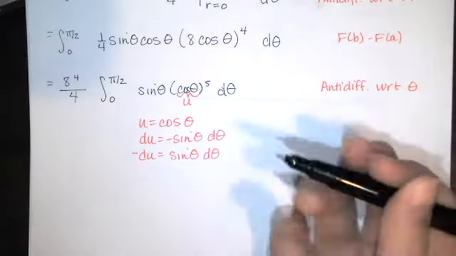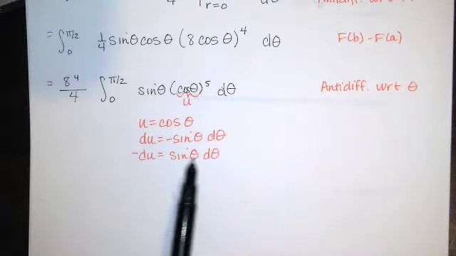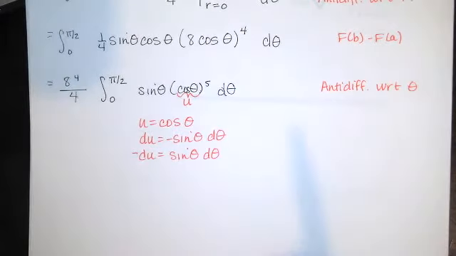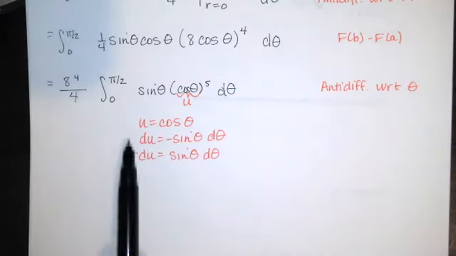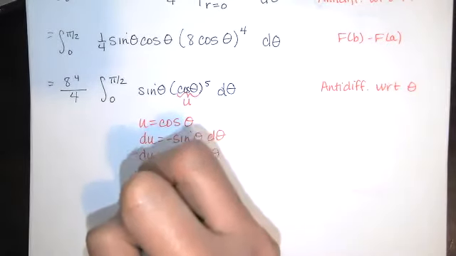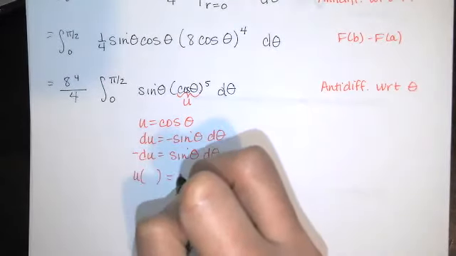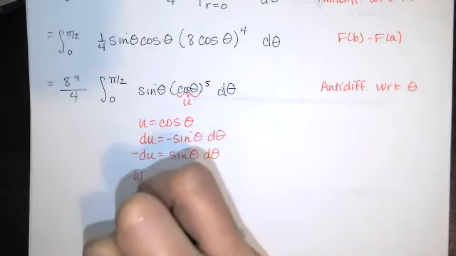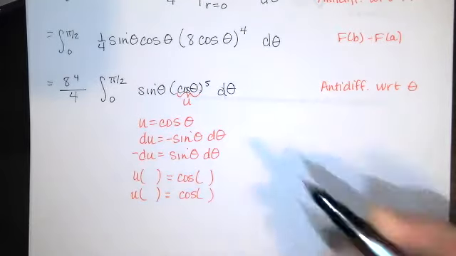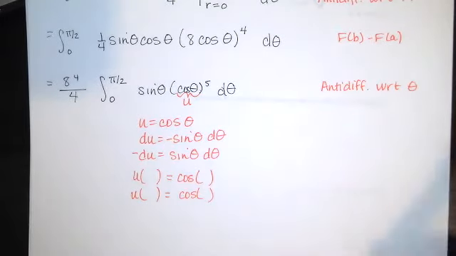So we're pretty good to go. I've got everything I need to rewrite this part in terms of u, and that's just a constant, so that's no problem. But we also need new bounds. Remember how the bounds work. You just take the old bounds, that pi over 2 and 0, and you substitute them into the equation to get the new bounds.